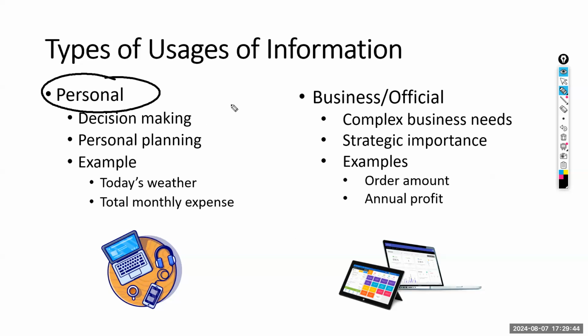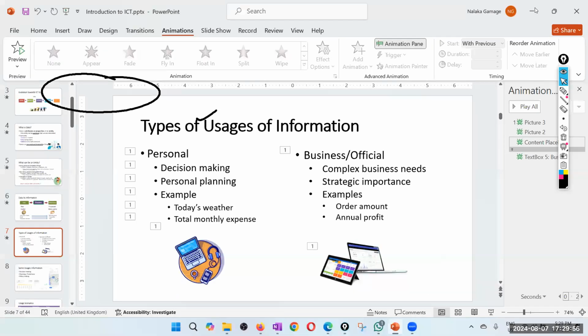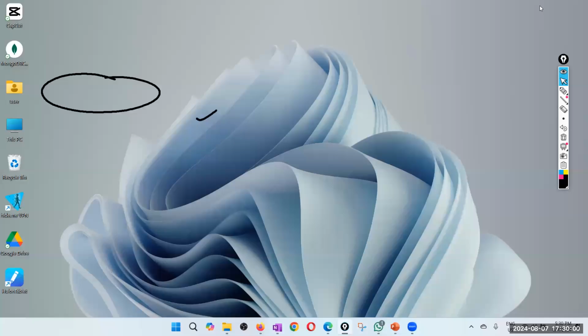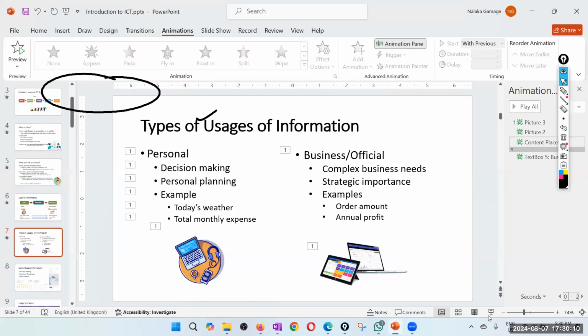Personal decision making, like you can look at the weather and take a decision. For example, if I go to the desktop, right now it's not showing any weather details, but sometimes it shows them here because that is important for me. Right now it is not showing for some reason.